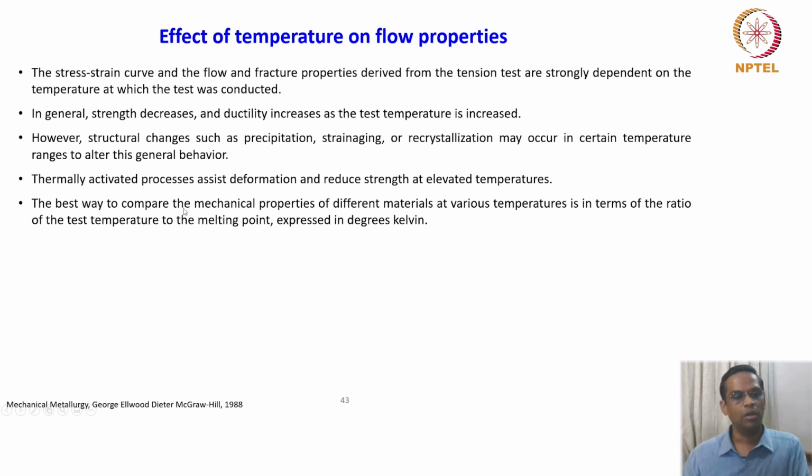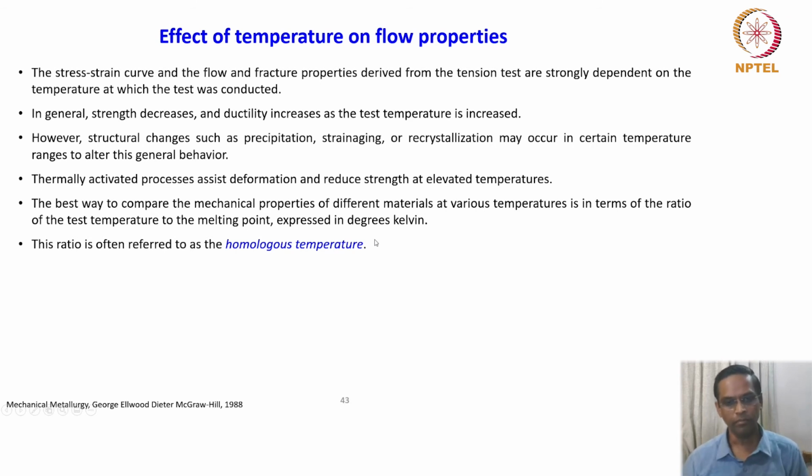The best way to compare the mechanical properties of different materials at various temperatures is in terms of the ratio of the test temperature to the melting point expressed in degrees Kelvin. The ratio is often referred to as homologous temperature. See, this is one way of normalization we do, to reduce or suppress the influence of melting point.